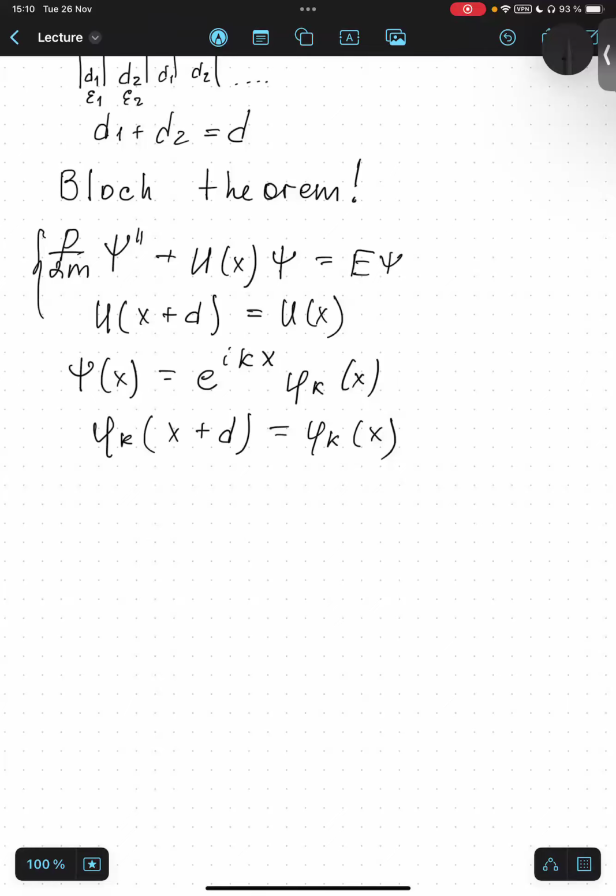Yes, actually that's all. This is the Bloch theorem. But I think it is useful to demonstrate it.